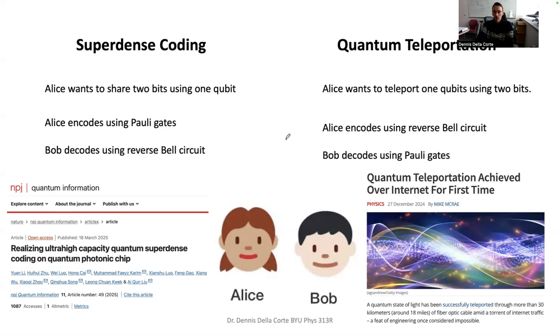Or here from last year, quantum teleportation achieved over internet for the first time. So someone was able to use the internet communication channel. You can send electromagnetic waves through there, photons through there. I don't know exactly what they sent through there. It says a quantum state of light.